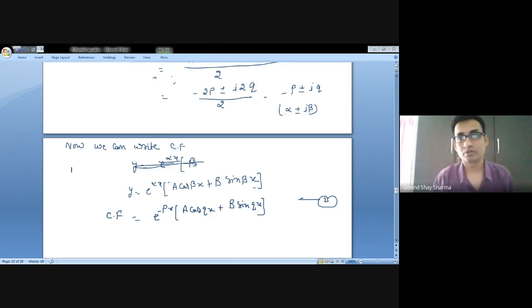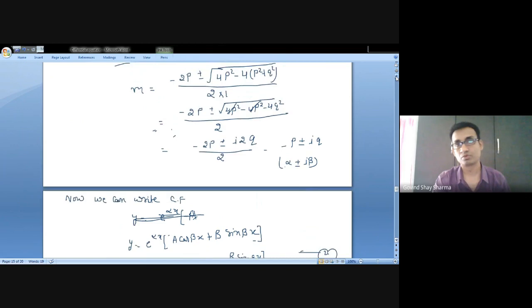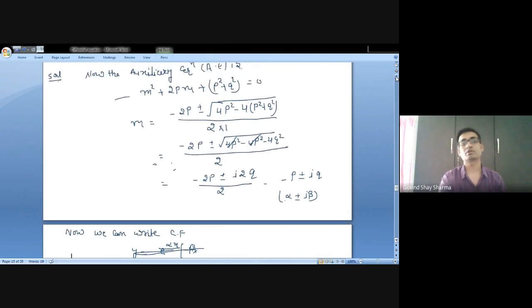Here we have done two examples for finding the CF. The important part is to find out the roots of the auxiliary equation and then write the CF equation.